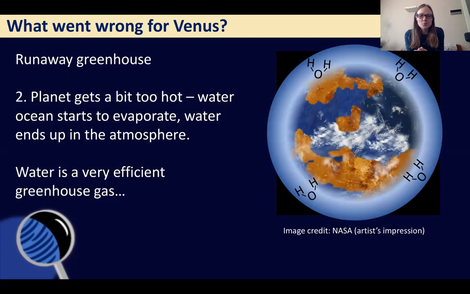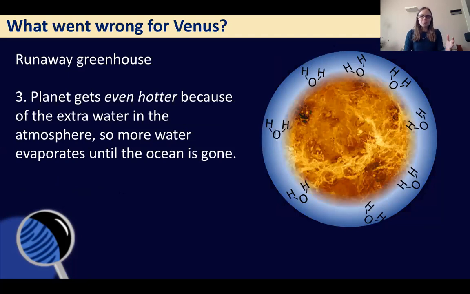That's because it absorbs a lot of infrared radiation. So once you put water vapor into the atmosphere, the planet's going to heat up a little bit more. And it's going to carry on evaporating the ocean, so there's going to be more water in the atmosphere, so it's going to get even hotter, and we have a positive feedback loop that results in eventually the entire ocean evaporating.